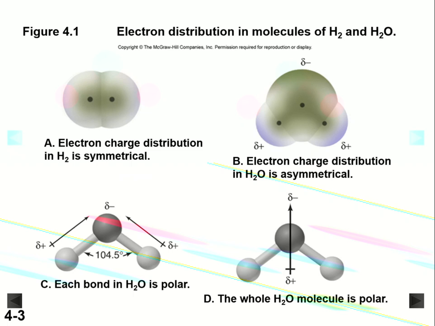And the oxygen atom is partially favored for electron localization. So there are more electrons around the oxygen, and fewer electrons around the hydrogens. And because of that, the molecule is what we call polar. It has a negative pole and a positive pole.